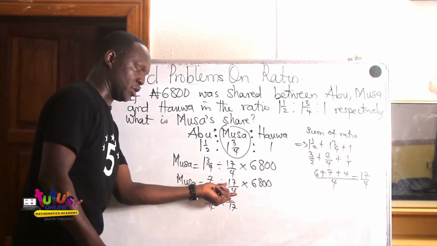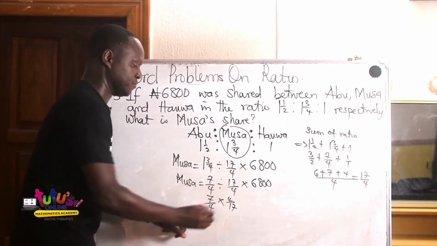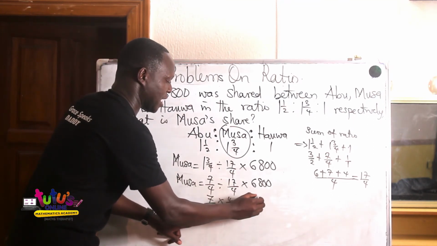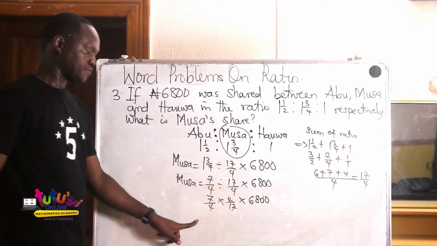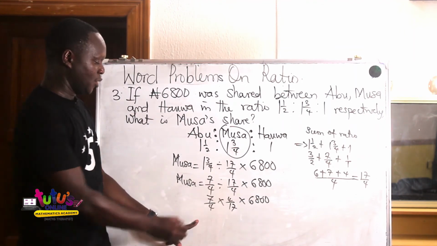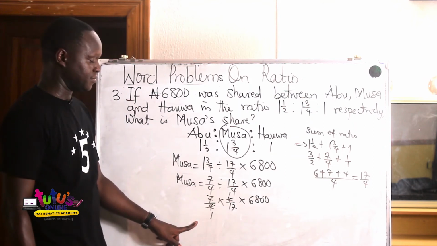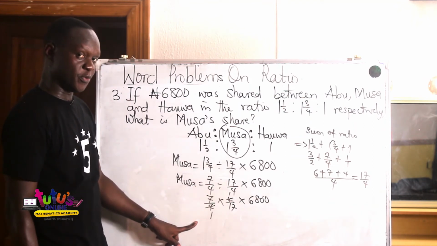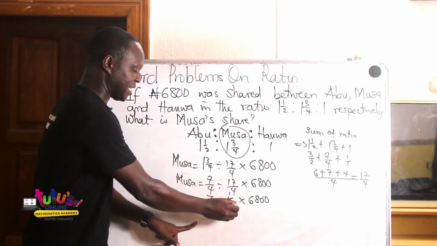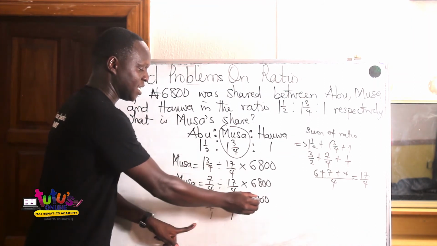Don't forget, we overturn this. This one changes to multiplication. Times 6,800. Are we there? So 4 here, 1. 4 here, 1. Can we proceed? Yes.